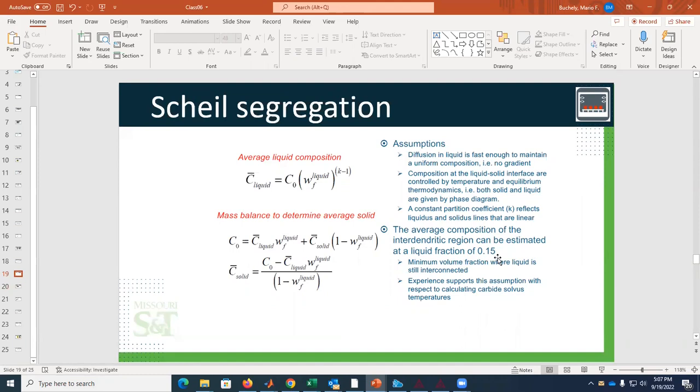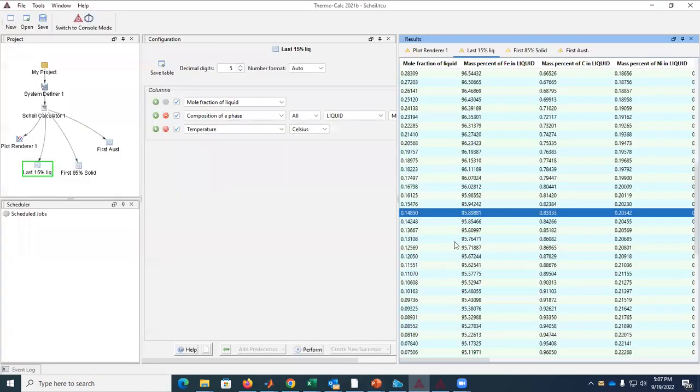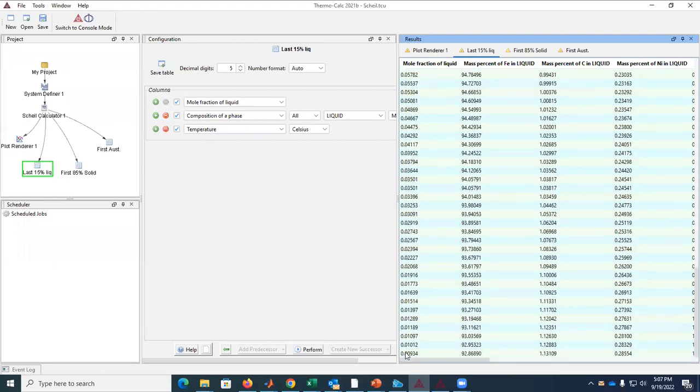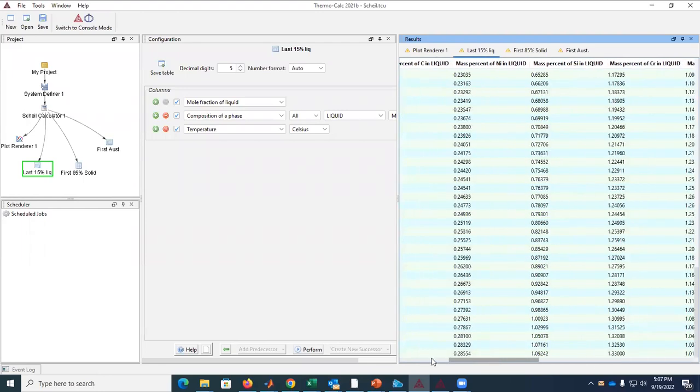And remember that this is a fairly fast process. So on average, the last 15% of liquid is basically saying, okay, this last liquid that is solidifying is going to be my base composition for the segregation area. So that's why the 15% is important, instead of 1%, which basically is a lot of segregation.